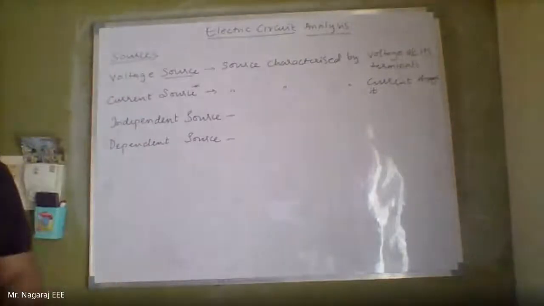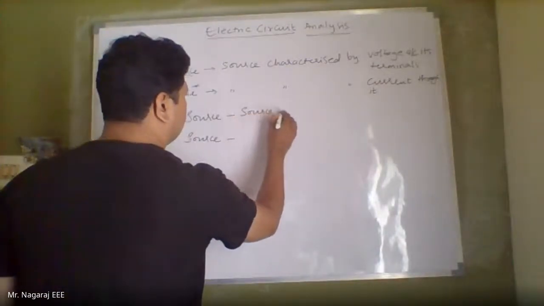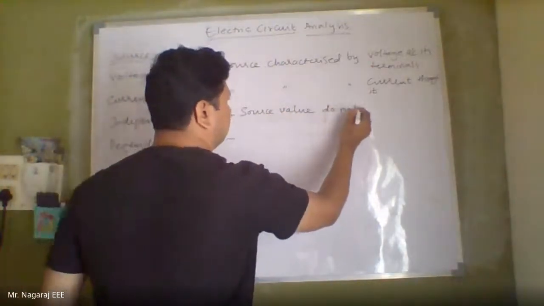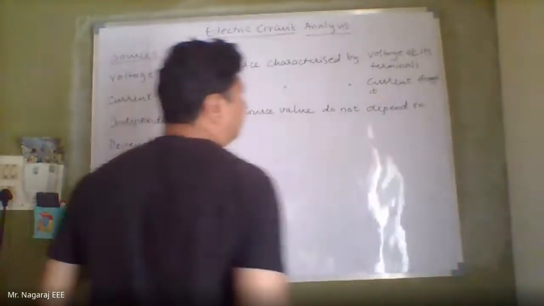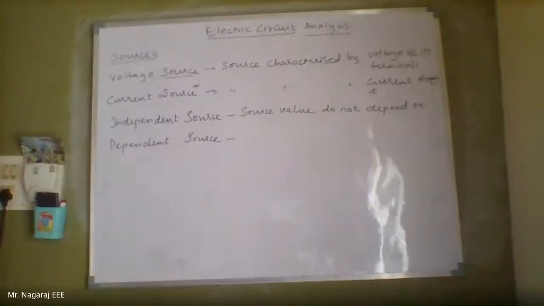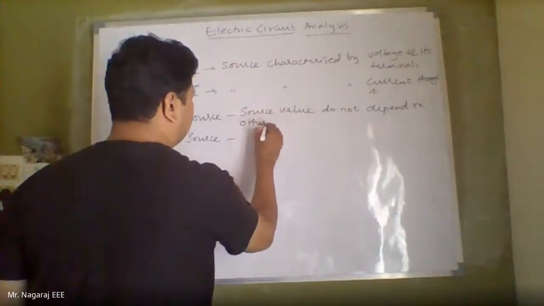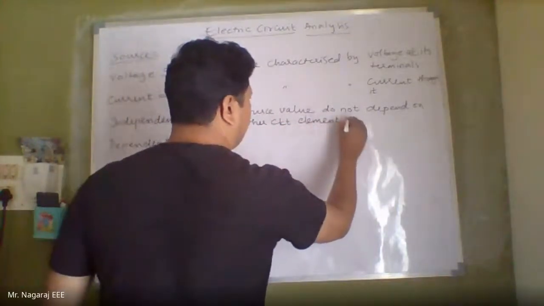So in an independent source, the source value doesn't depend on anything, does not depend on other circuit element parameters.